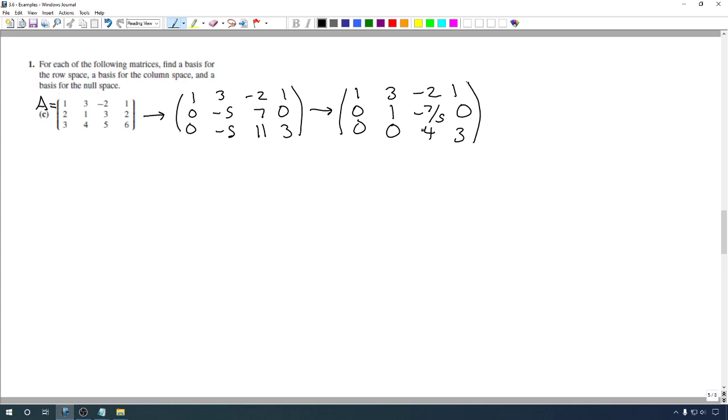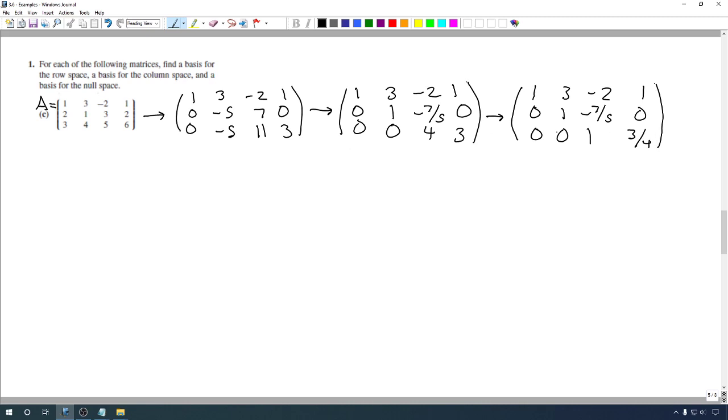Finally, we're going to have to change that 4 to a 1, so we'll divide the last row by 4. Let me get the rest of this in here. The fractions are going to take up the most space, so I don't want to run out of space. There we go.